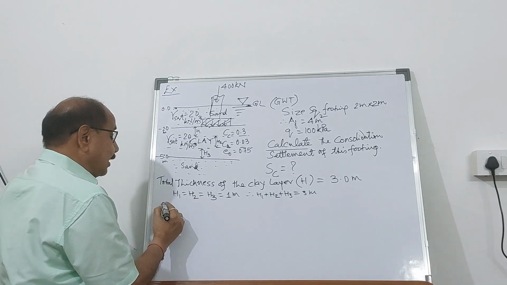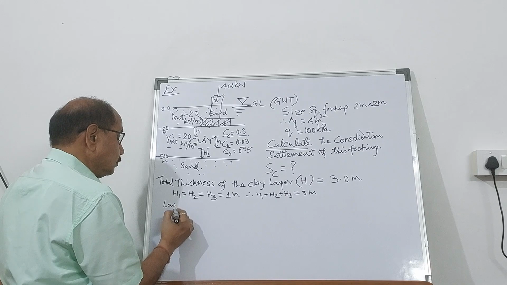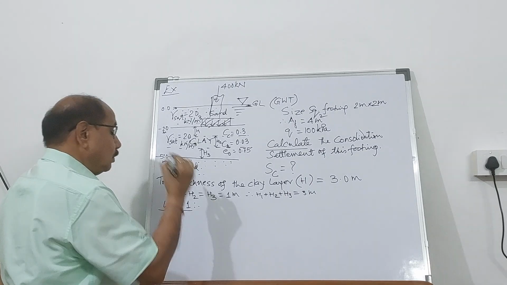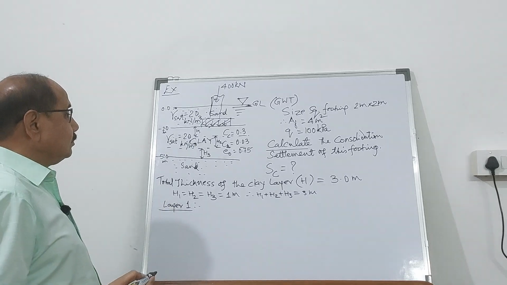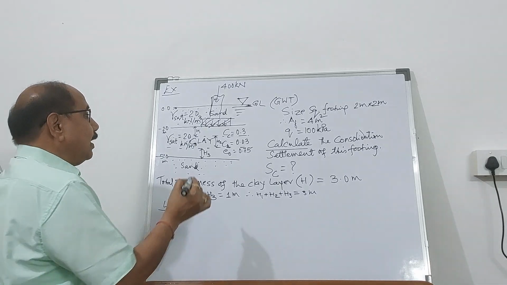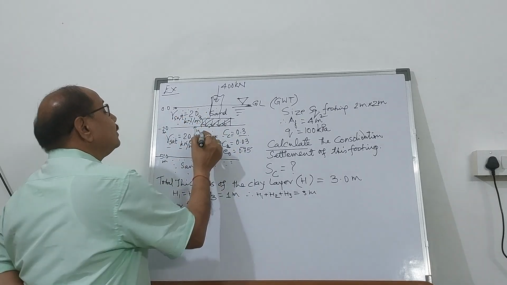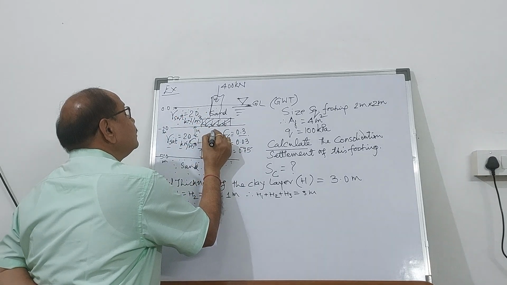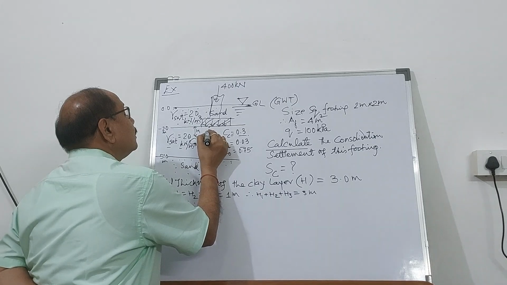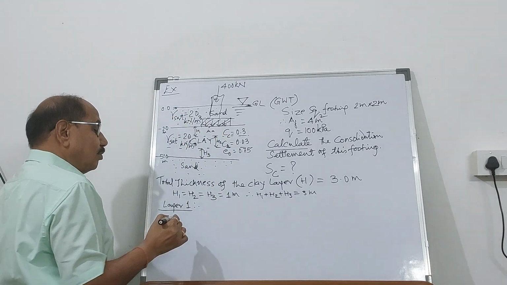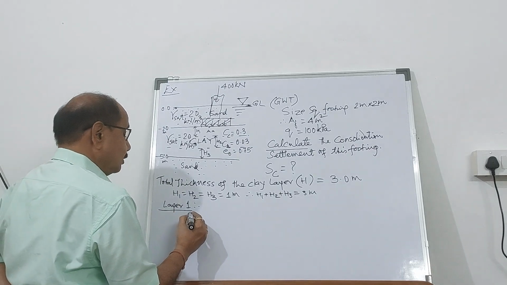So let's take layer 1. For layer 1, as you know, you will have to calculate at the midpoint of the layer 1, the effective overburden pressure.